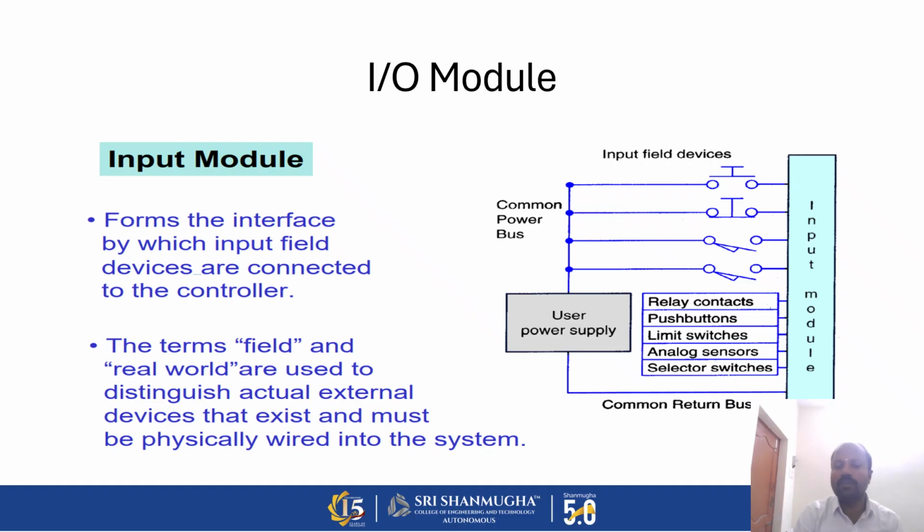Relay contacts, push buttons, limit switches, analog sensors, and selector switches will act as inputs. The terms field and real world are used to distinguish actual external devices that exist and must be physically wired into the system. This is about the input module.